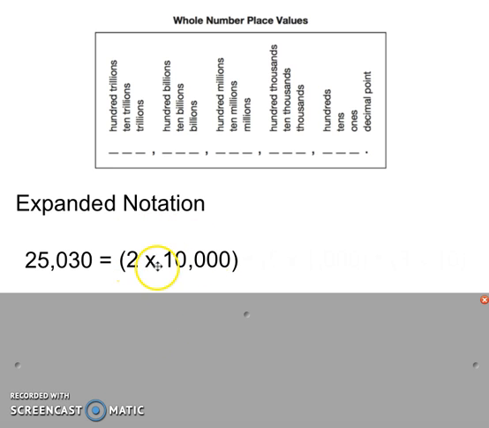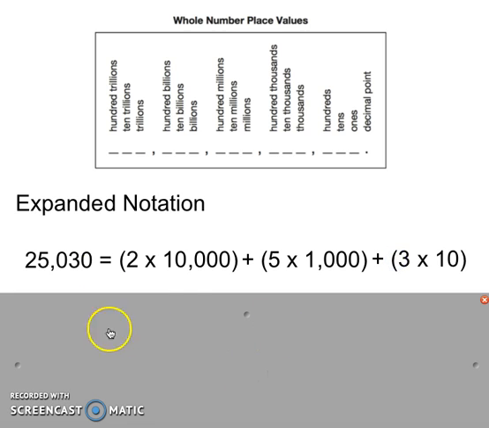So this is 20,000, so I have 20,000 in there, but then I'm going to move to the 5. Well, 5 is in the thousands place, so that means I have another 5,000 in my number. So 5 times 1,000 tells me it's in the thousands place. And then I have nothing in my hundreds place, and I have 3 in my tens place. Well, 3 times 10, that gives me the 30. And there's nothing in the ones place, so then I'm done from that.